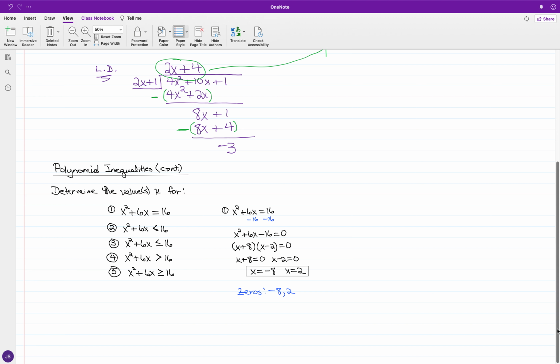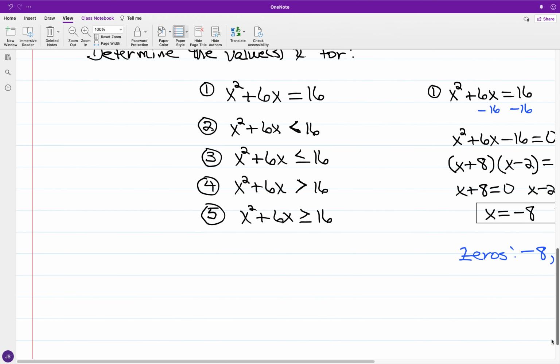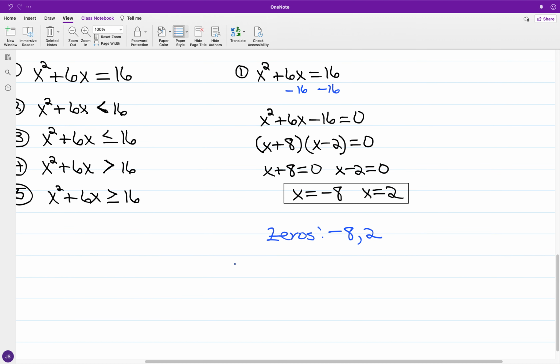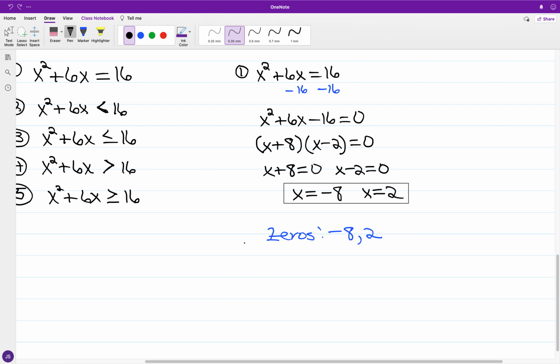As a backdrop for solving these inequalities, we set up a table that will be fixated about negative 8 and 2, just setting up intervals. Between the zeros, the smaller is at negative 8. And I'm going to work around the real number system.